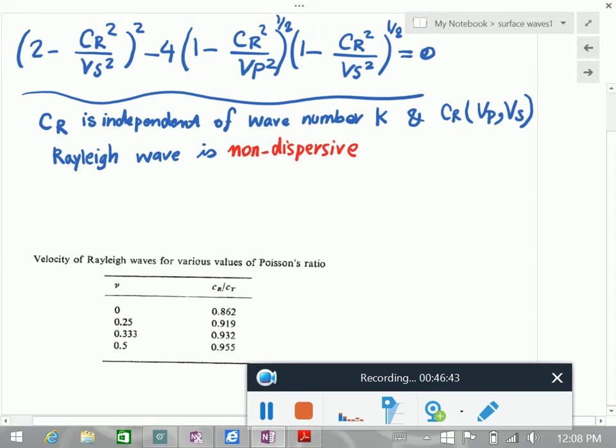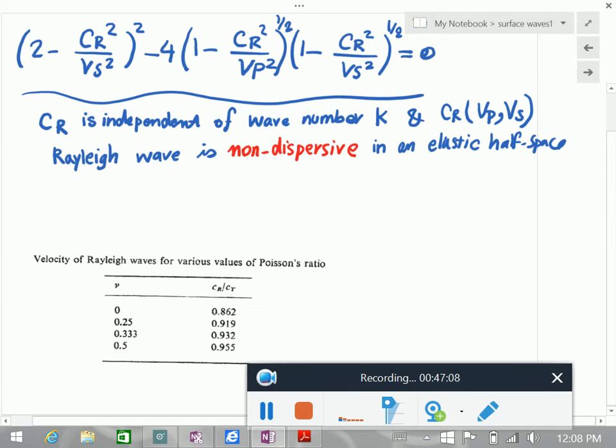It's non-dispersive in an elastic half space. And then add a little note for yourself saying, explain what non-dispersive means. That means its velocity is not frequency dependent. So what I'm writing right there is independent of wave number. This is what it means.